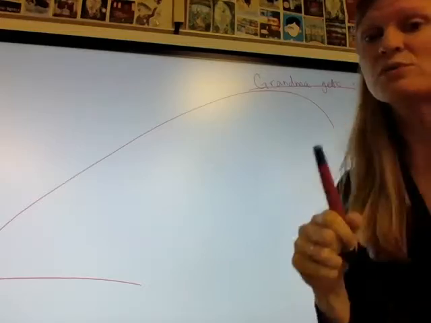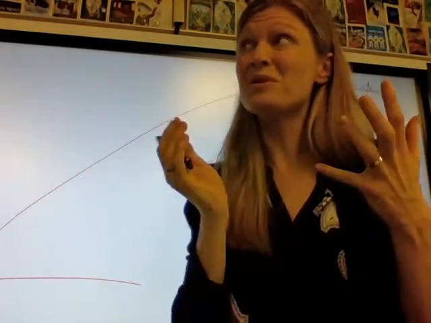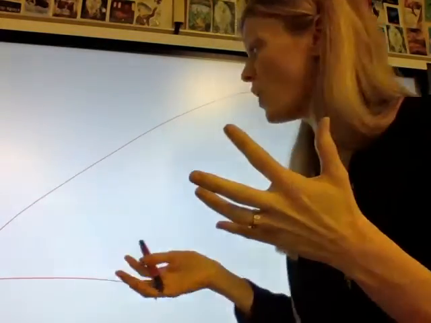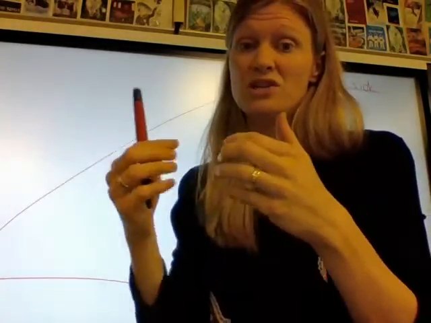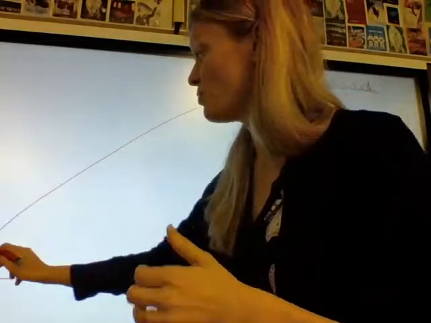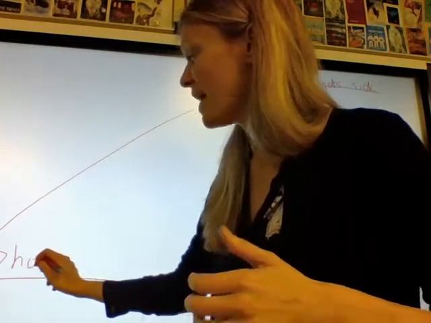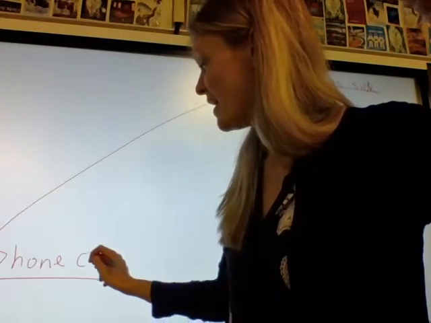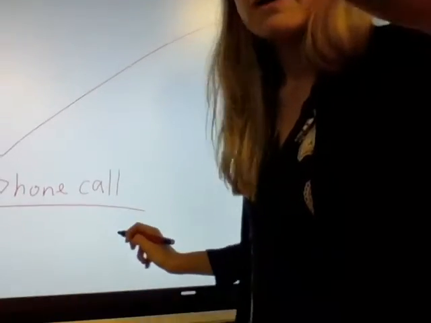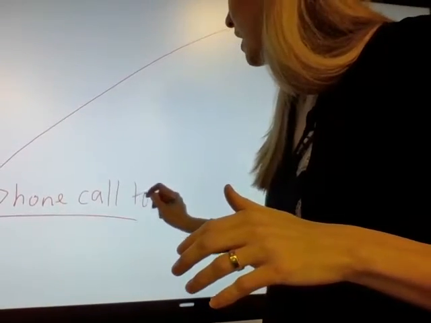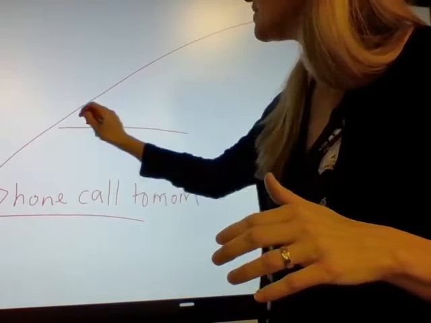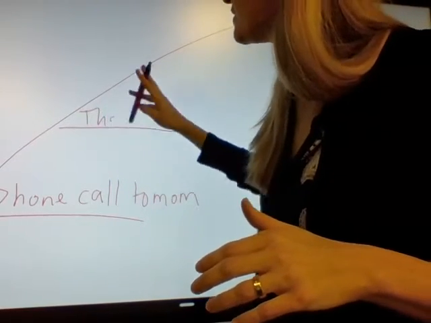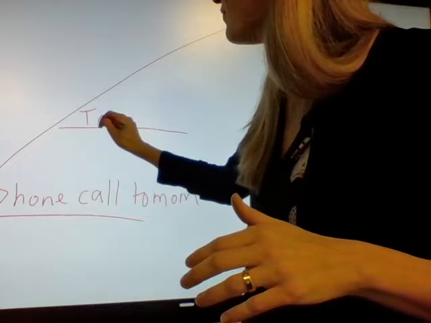And from my earlier work, I know that my character is not really big on family. So I'm going to start my story by talking about my character's relationship with their family. So maybe a phone call is how I'm going to start my story, a phone call to mom, and then talk with Ricky about family.